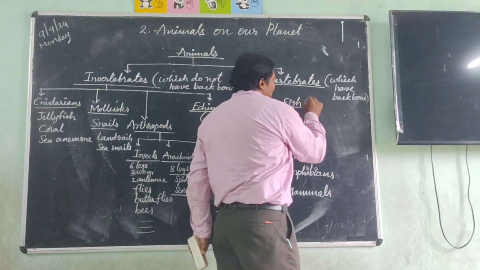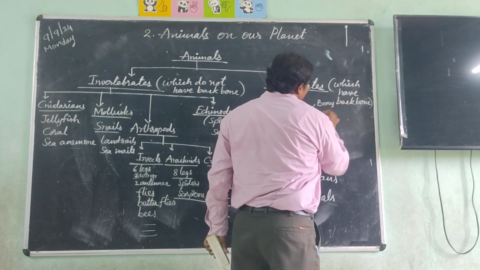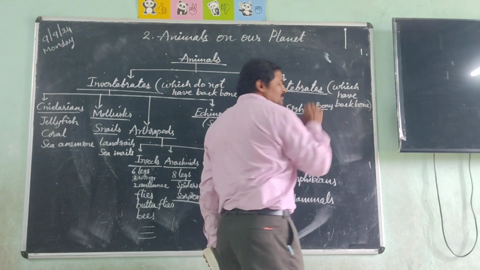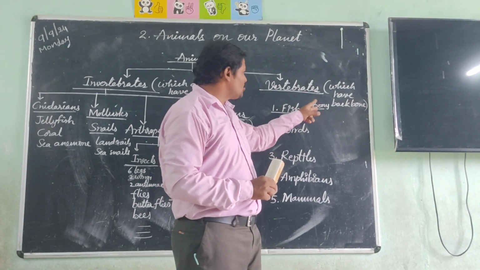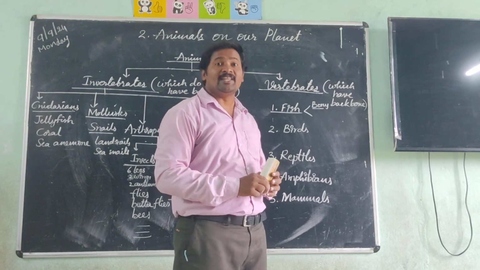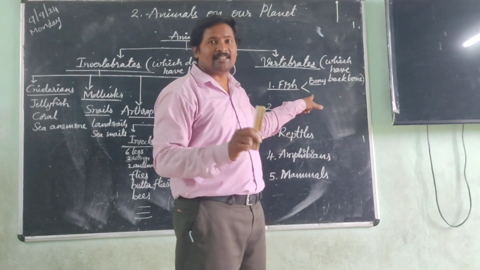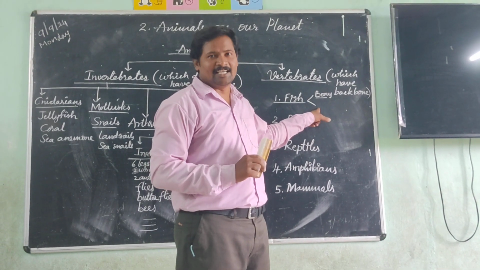In fish, again, 2 classes are there. Bony fish means they have bones. Fish are again divided into 2 classes. One is bony fish, they have bones. Then another class of fish have no bones. A soft cartilage is there in their skeleton.